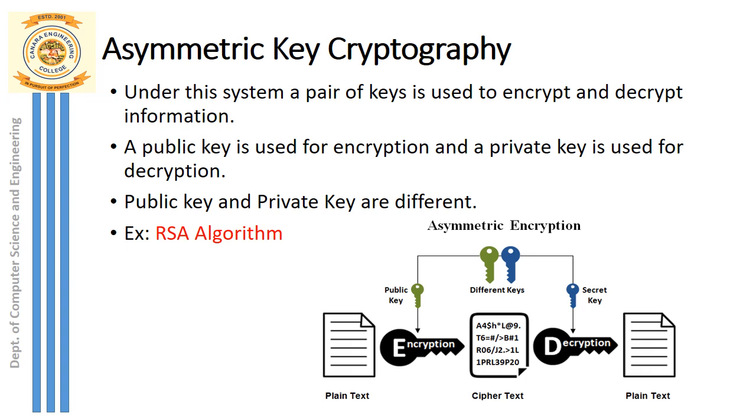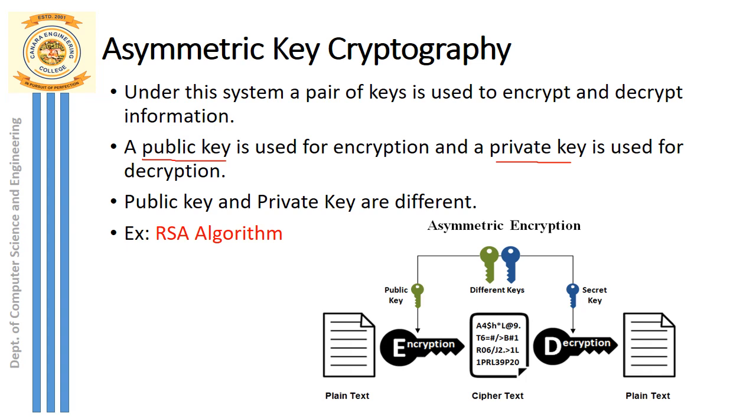Next is asymmetric key cryptography. Under this system, a pair of keys is used to encrypt and decrypt the information. That means sender and receiver will be using different keys for encryption and decryption. The sender side will be using a public key for encryption and the receiver side will be using a private key for decryption.